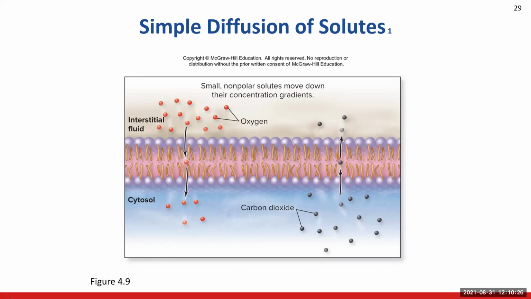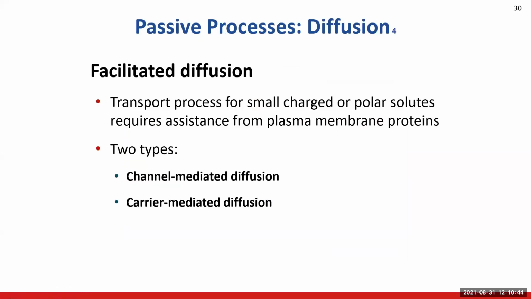As a result of all that, one of the waste products is carbon dioxide. Those cells and tissues are going to get rid of the carbon dioxide, and the carbon dioxide will leave the cell, go back into the bloodstream, and then you'll exhale it. Cool stuff. The other type of passive process for diffusion is what we call facilitated diffusion.